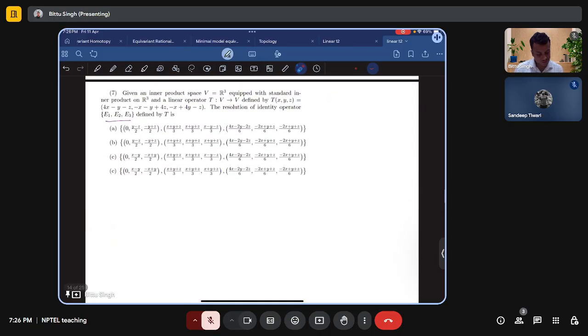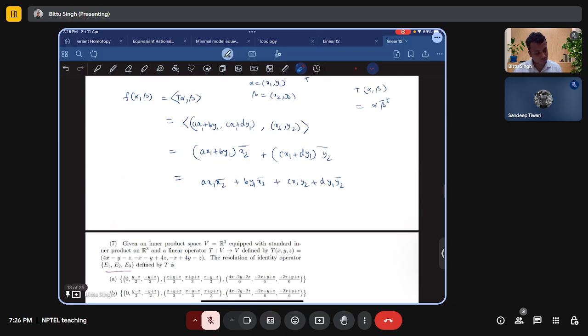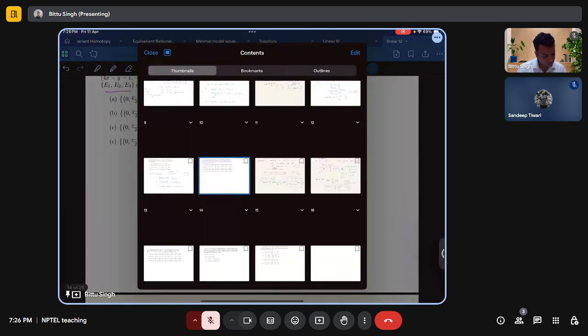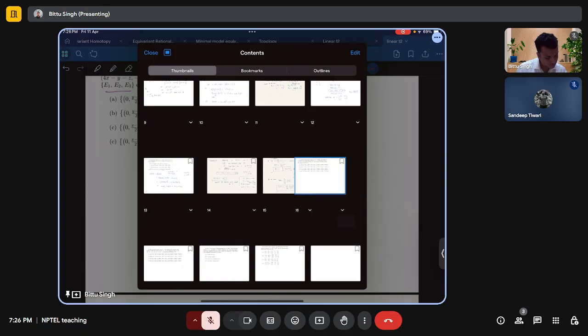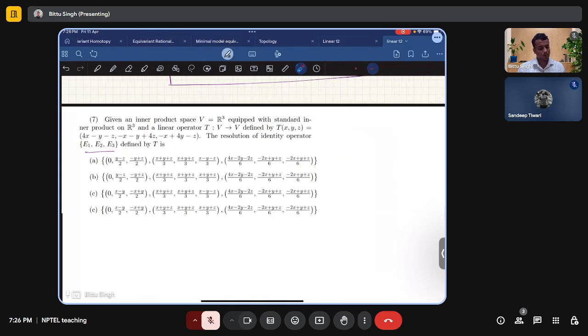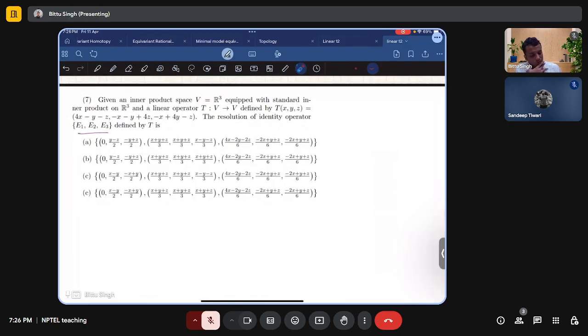So back to question number 7. Let me move it to somewhere else. Okay. So now we need to calculate those. It is 3-dimensional. That's why we need to calculate E1, E2, E3. It may not be 3.